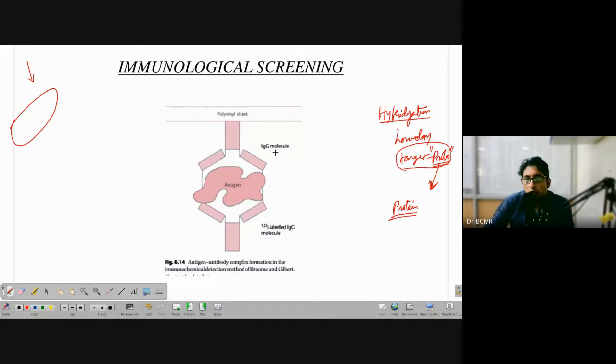In this case, what they do is they take a polyvinyl sheet to which IgG antibody against that particular antigen is bound. Here, the protein of interest is the antigen. Because we don't know the sequence, we don't have the probe. So we can identify it using antibodies.